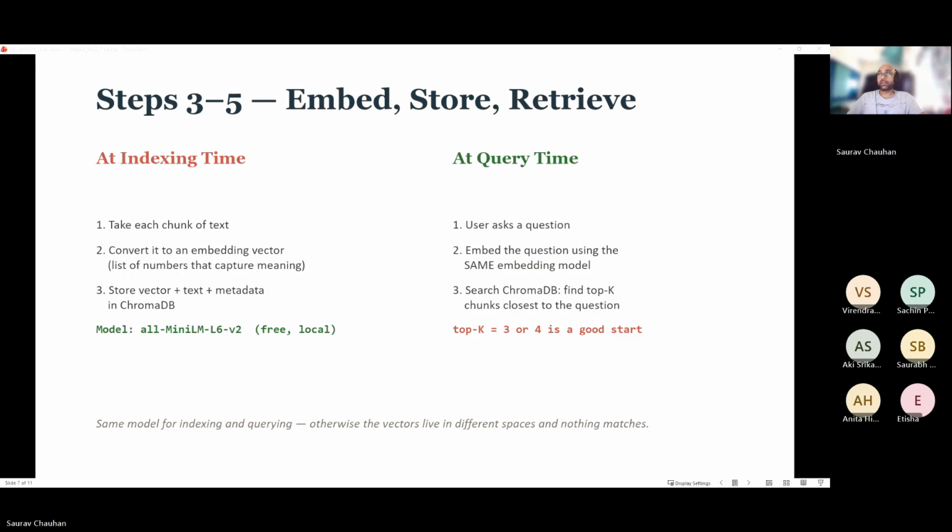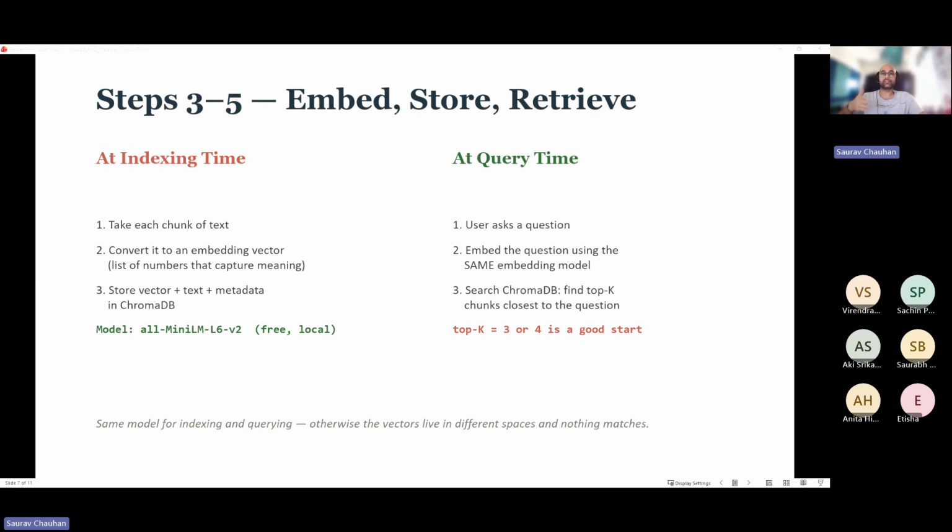Lastly, we'll go to retrieve. This is where the actual logic and calculations happen, and for us the answering happens. A user types a question, and we embed that question using the same embedding model. Now we get the vector for that question. We compare it against all the stored chunk vectors and find the ones that are closest.